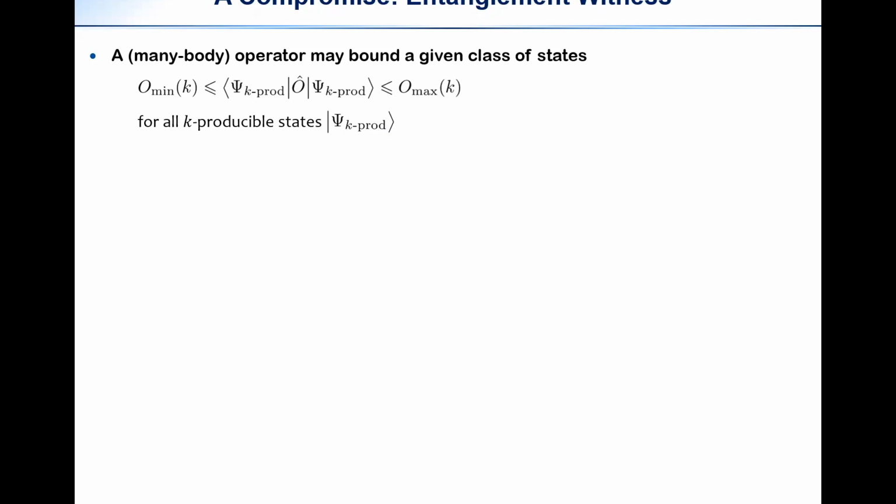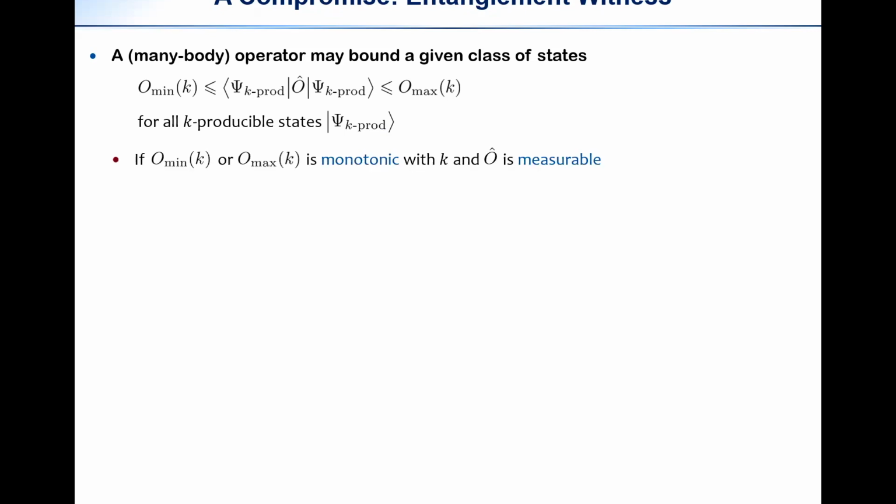If we traverse all possible k-producible states and find a maximum value and a minimal value for the observable, then we can use these to indicate the valid region of the observable.